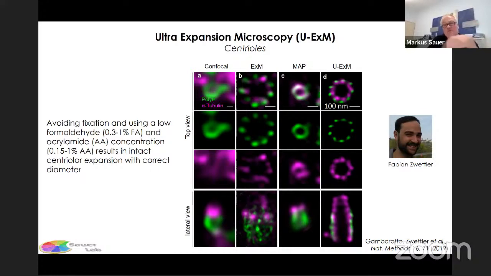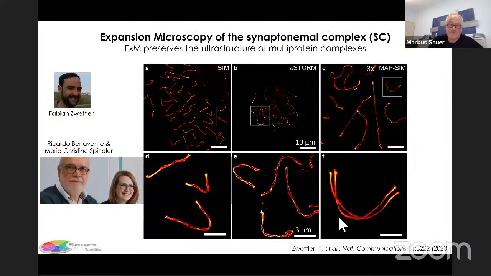So all the standard protocols like the original ExM protocol or MAP protocol didn't preserve, in other words, the molecular organization of these centrioles. Only if you use very mild fixation, we could really preserve the ultrastructure of these centrioles.